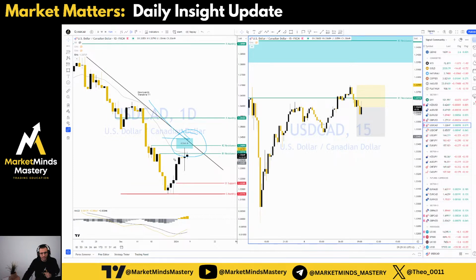There is an area of resistance confluence. Many factors support some selling pressure, and the price is trying to break below the most recent swing high of this 15-minute time frame.